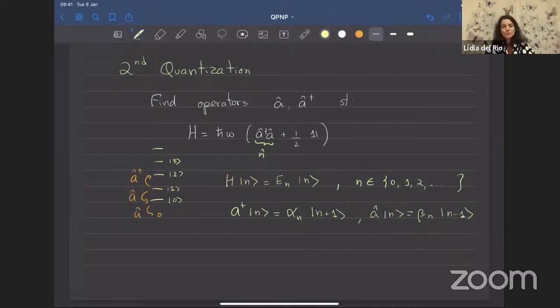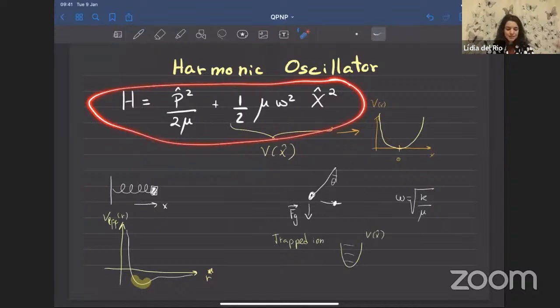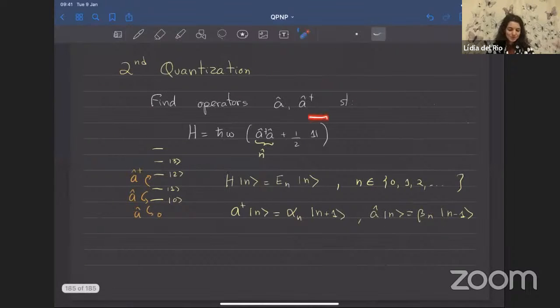So this is what we'll do. But of course, it's going to be a long way to transform this kind of Hamiltonian into something like this, right? So we have to prepare the ground a bit. So first, let us see what would happen if we had some operator that acted like this, that would have this property.